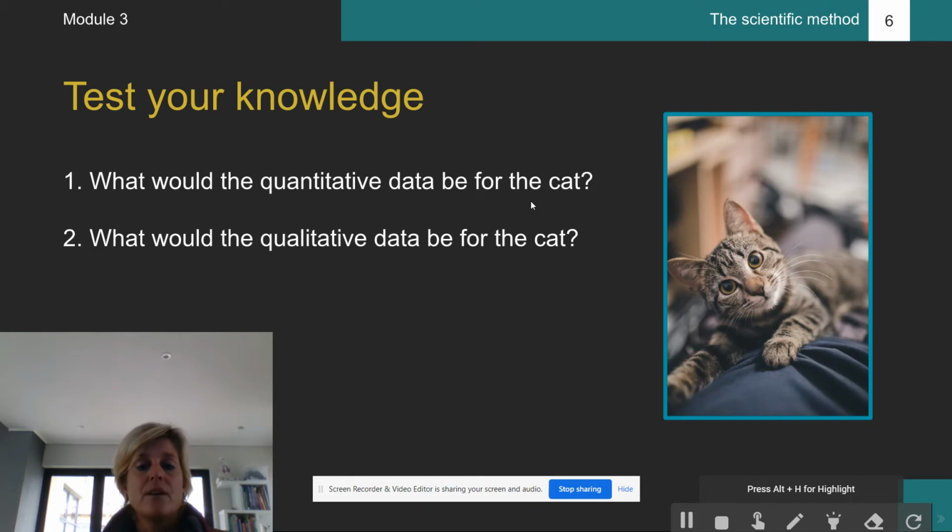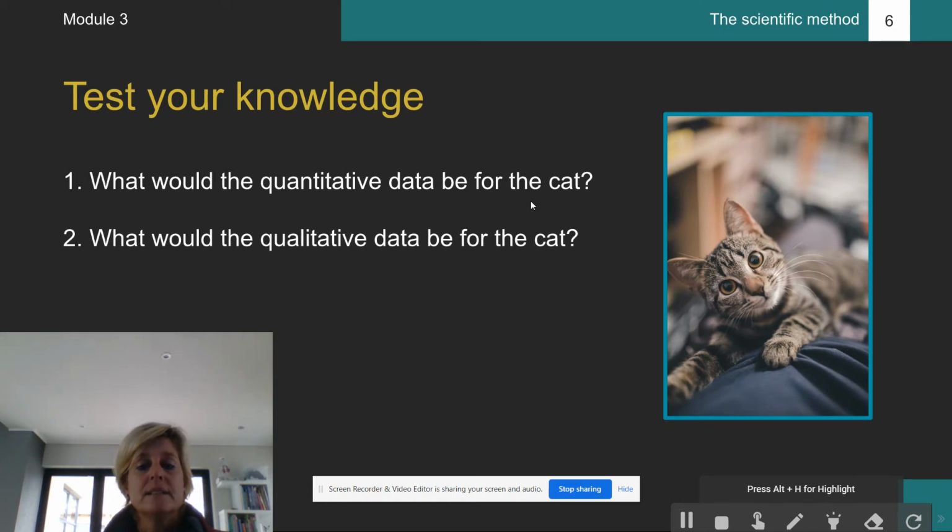Correct. We can count the legs of the cat. We can measure the height of the cat. And we can also measure the length of the tail. These are all values that can be counted or measured with specific apparatus.